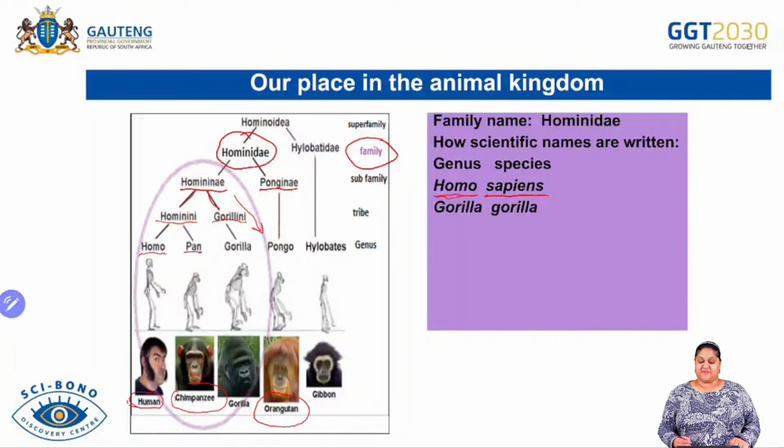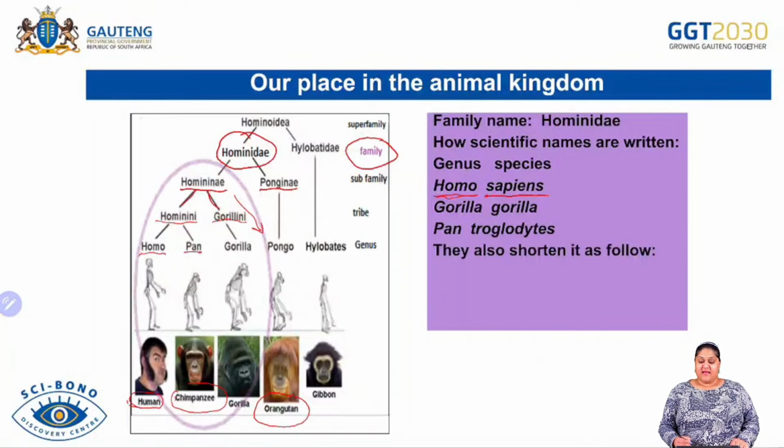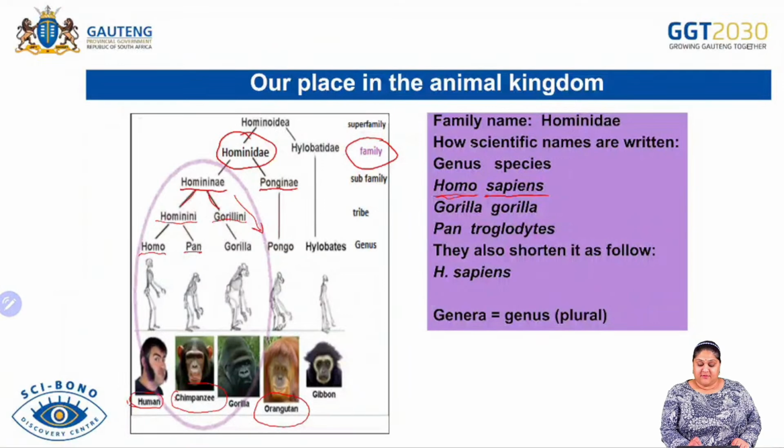That is how you write the species name. Gorilla gorilla would mean that the first word is the genus, and the second word is the species name. Pan troglodytes is the same. And they are also shortened as follows: capital H dot sapiens. And this word genus, the plural of that word is genera. Okay, so genus is the singular and genera is the plural.